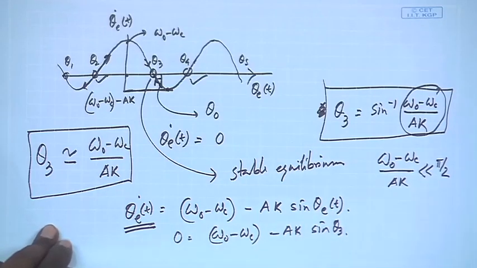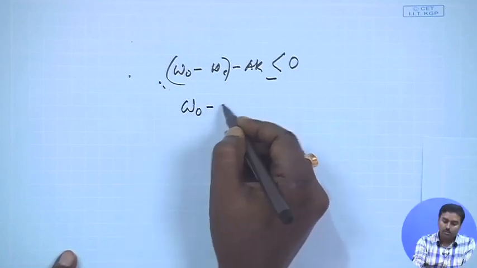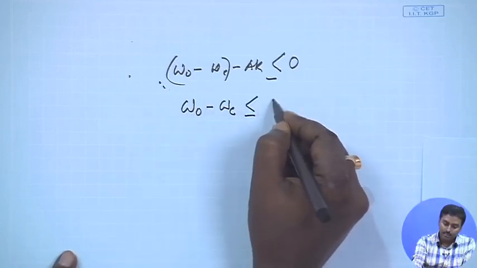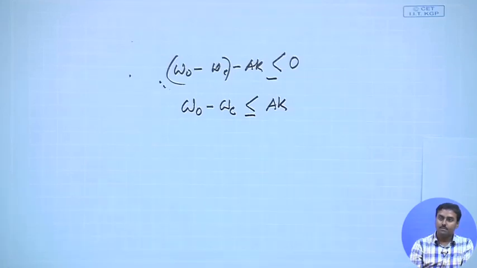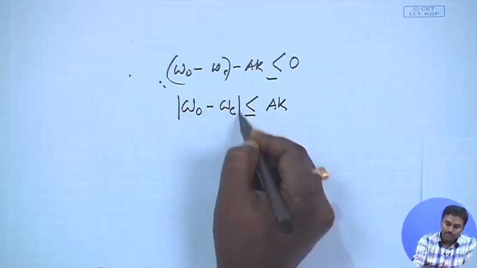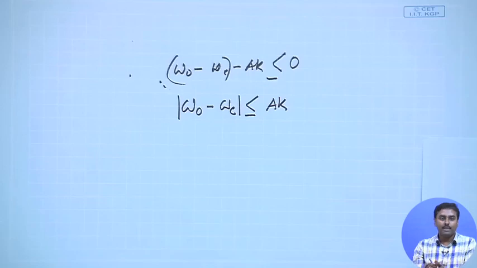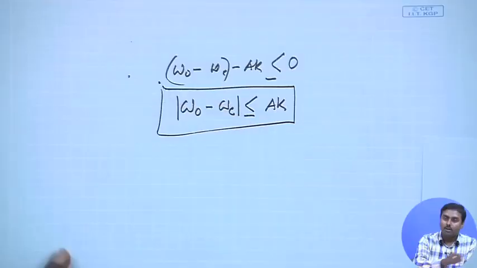To achieve lock in the PLL, I need this sinusoidal to come below 0, and for that I need this condition, or I should say omega 0 minus omega c must be less than or equal to AK. Or we should actually write the modulus of that, because it might happen that omega c is greater than omega 0. Whatever happens, this condition should always be satisfied to get a lock in the PLL.